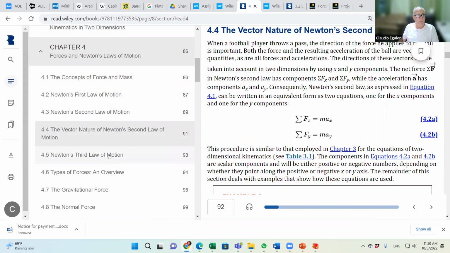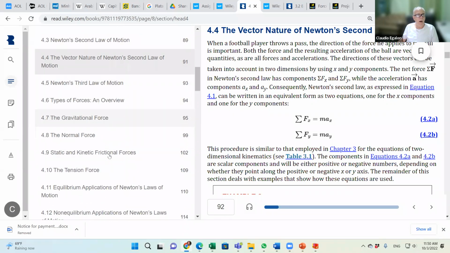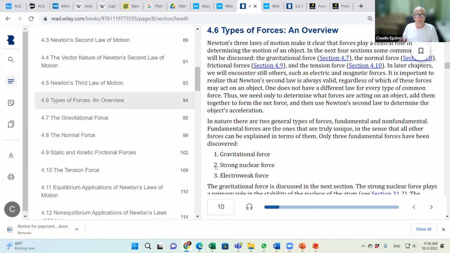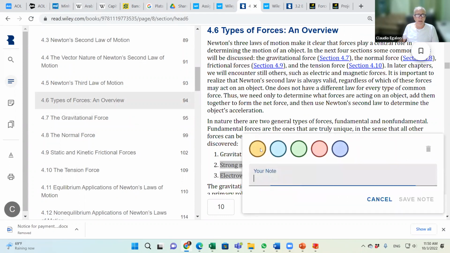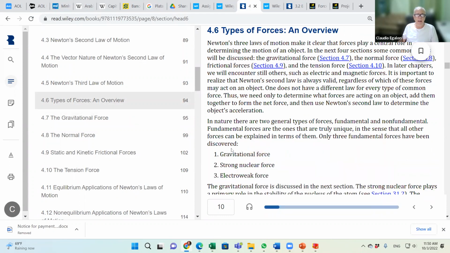And we still have to talk about the third law of motion. There are several different types of forces, and we talked about that as well. Don't worry about the strong nuclear force. Don't worry about the electric force. It's too much for this course. Gravitational force is enough for you right now.